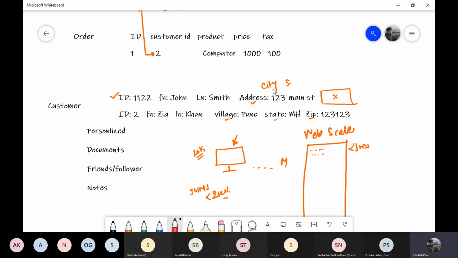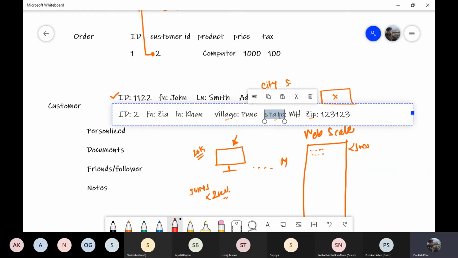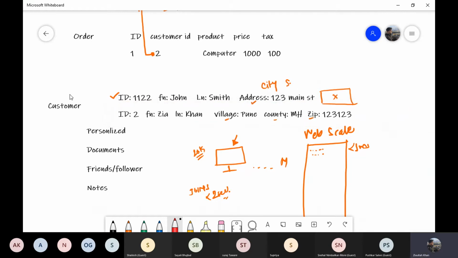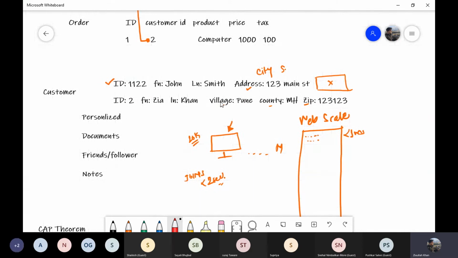Some places would say there's a city, there's a state, and there's a country, and others might say that there is a village and there is a county and there is a zip code, right? So depending on who your customers are and what standards they follow, your tables are not always going to share the same relationship, or they're not always going to have the same attributes that you would want to store. And if your attributes are different, so should your data structure be.